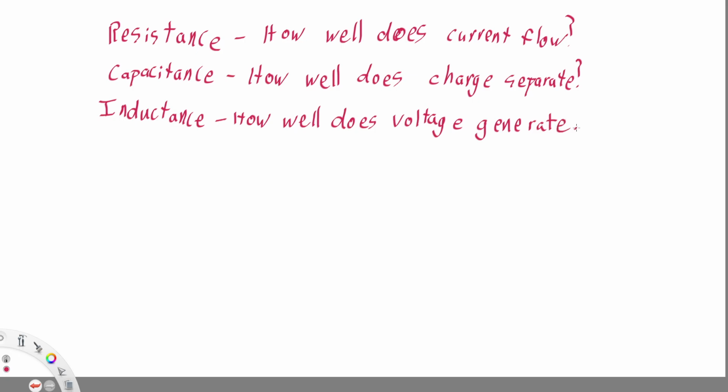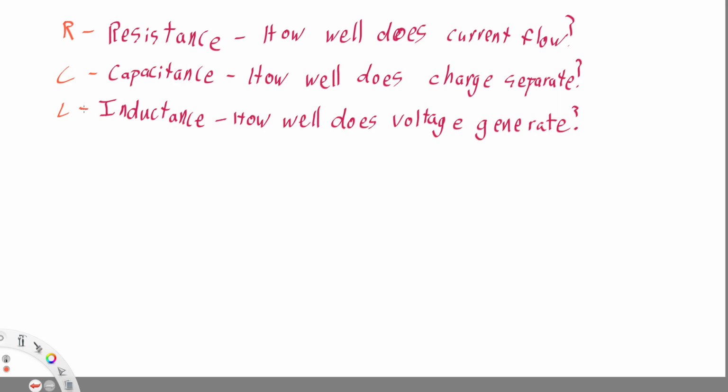In class and in textbooks, there is a tendency to view all three of these things as separate phenomena: R for resistance, C for capacitance, L for inductance. There's this tendency to say all of these effects are separate, but that's definitely not the case.